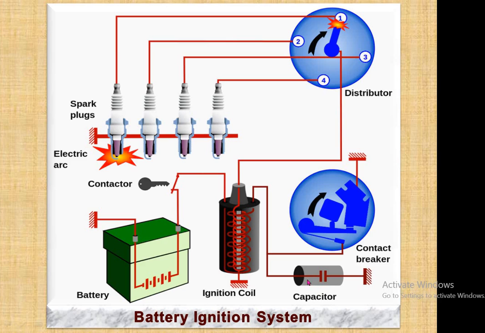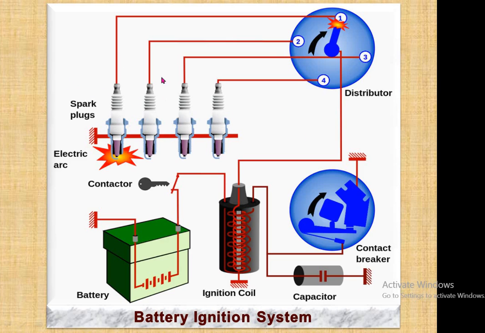Capacitor is used to store certain power, so it may operate the contact breakers, and then this system produces the current that flows in the circuit and goes to the distributor, and from the distributor the spark is delivered to the different plugs of the engines.